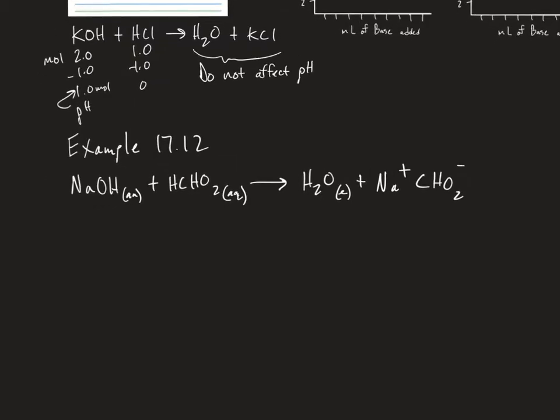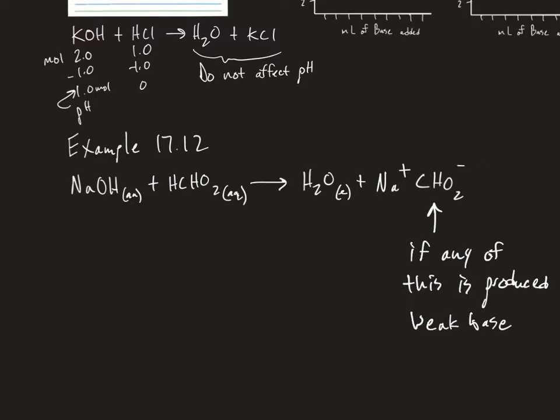So we're going to be neutralizing something with the acid or base here, but importantly, we need to remember that if any of this is produced, we need to consider what that is. And remember, this is the conjugate base of a weak acid. This is a weak base, which could potentially affect the pH of our solution.